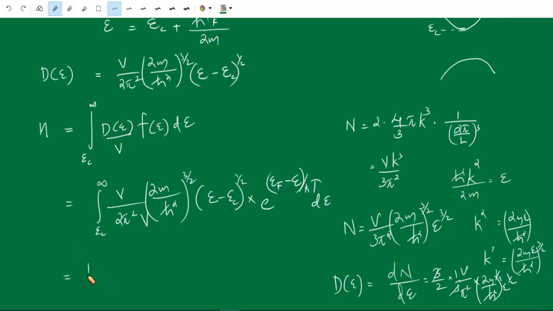This will be 1 by 2 pi square, 2m. Here we can give this m star. Okay, m e star we can put. This is the effective mass of electron in the conduction band. Okay, so this is 2 m e star, because this is m e, the electron mass, and the star represents the effective mass.